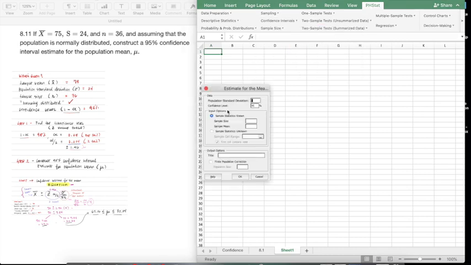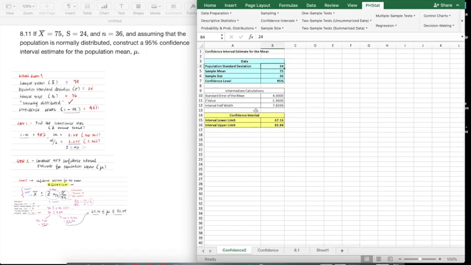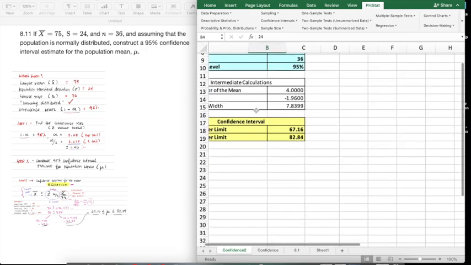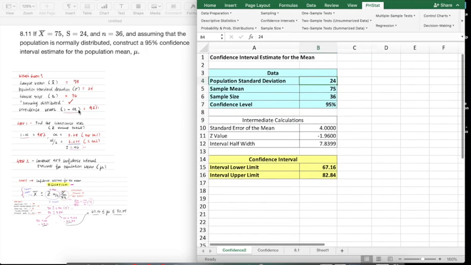So we do know. And the population standard deviation is 24. The sample size is 36. And the sample mean is 75. Click OK. And look how fast PHStat calculated that very long process by hand that we just did.